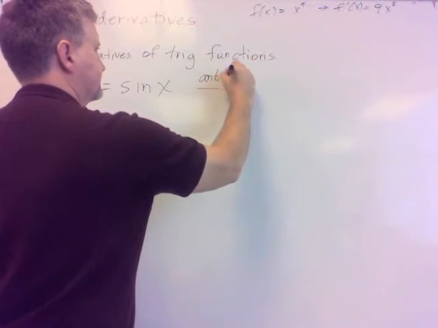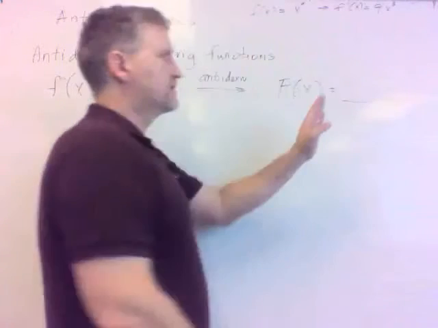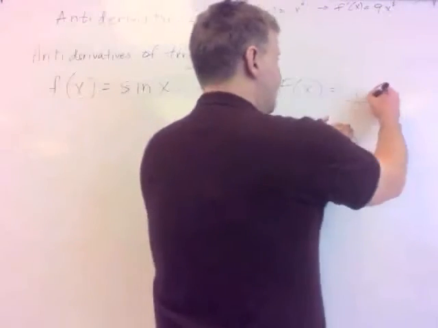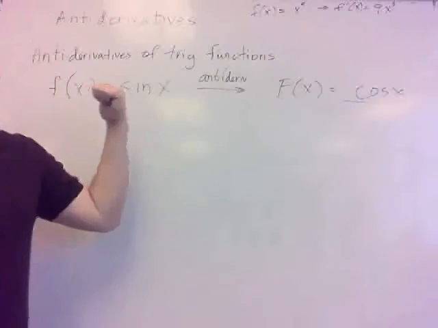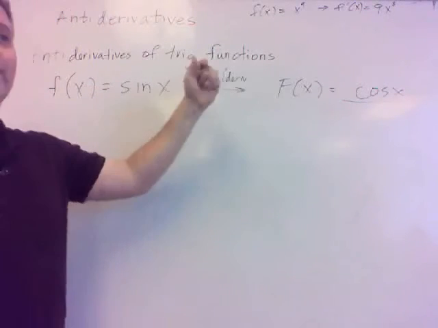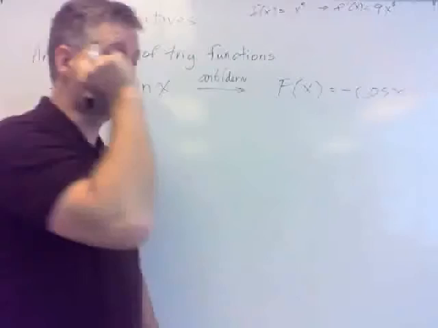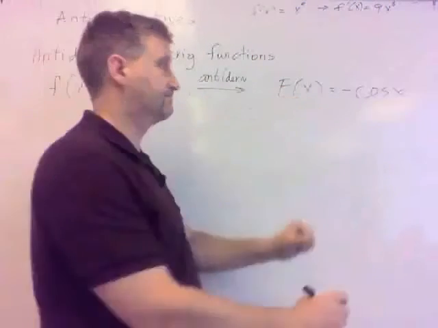In other words, I want this function to be something that when I take the derivative of it, I get sine. What trig function gives me a derivative of sine? It'd be cosine, yeah. However, what else do I need with that? Because the derivative of cosine is not sine, it's minus sine. So if I want to come back to positive sine, I need a negative cosine. The antiderivative of sine is negative cosine plus c.